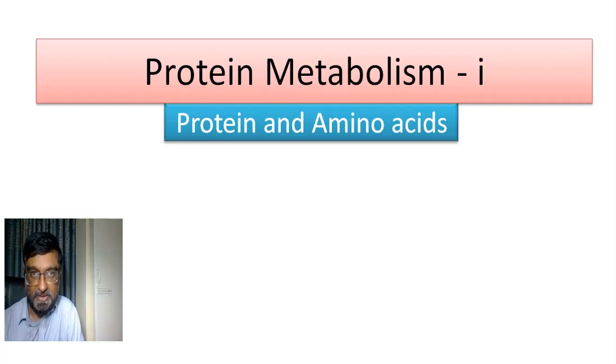As you know, amino acids are considered the building blocks for proteins, and there are about 20 amino acids that are used to make different kinds of proteins. So let's start with this one.